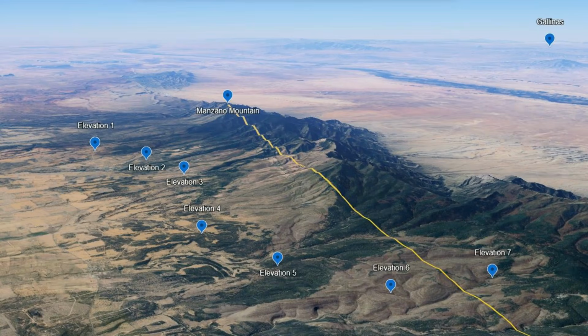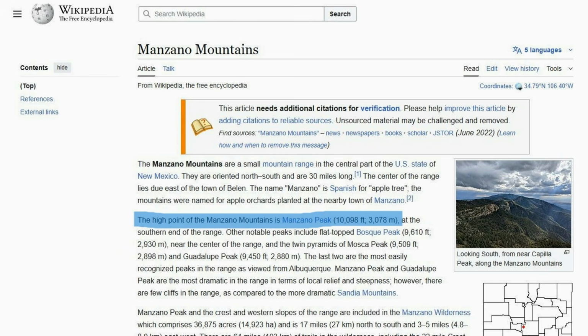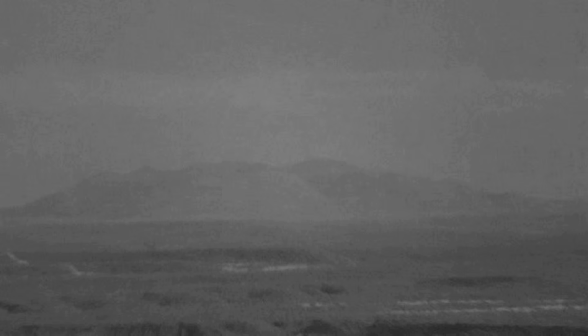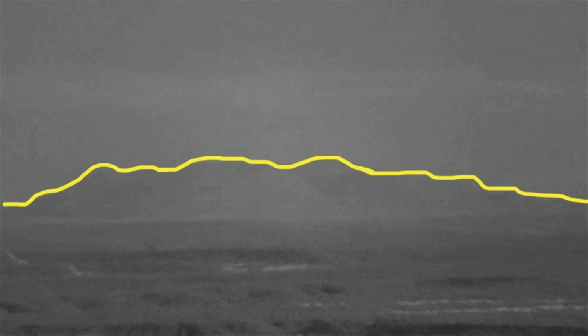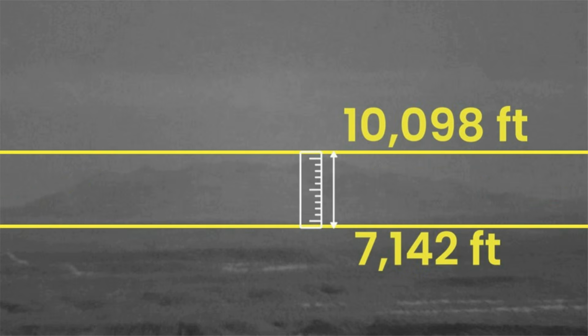The bottom of the Manzano Mountains has an average elevation of 7,142 feet. The highest peak in the Manzano Mountains is 10,098 feet above sea level. The bottom to the top of these mountains stands at 2,956 feet.